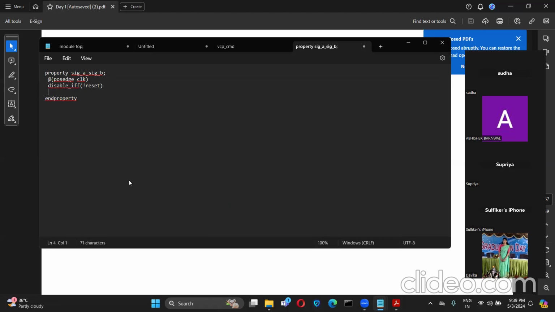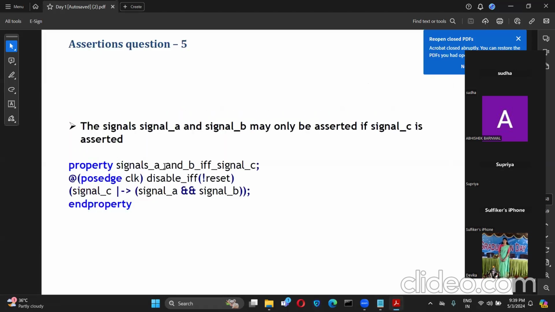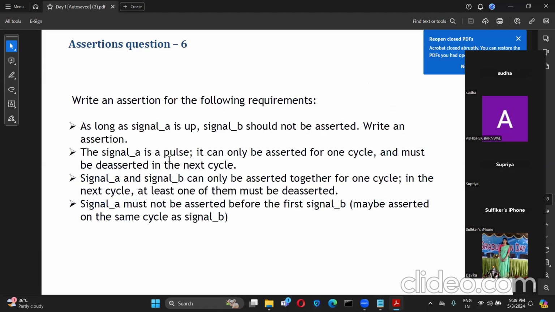Like this. And what Abhishek has told, that also will work. One good part is we can analyze this way. It's not a hard and fast rule that it has to start with signal A being up, then signal B should not be asserted.